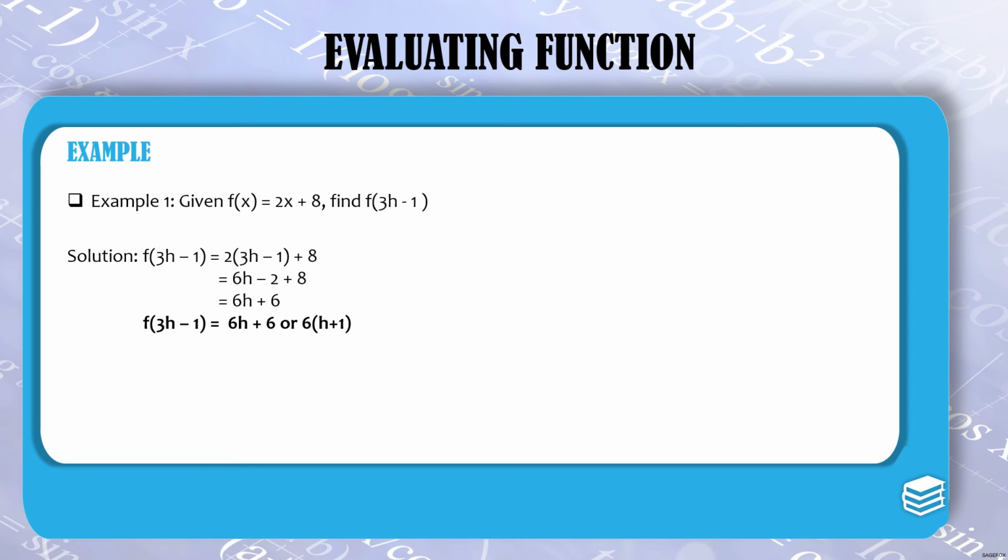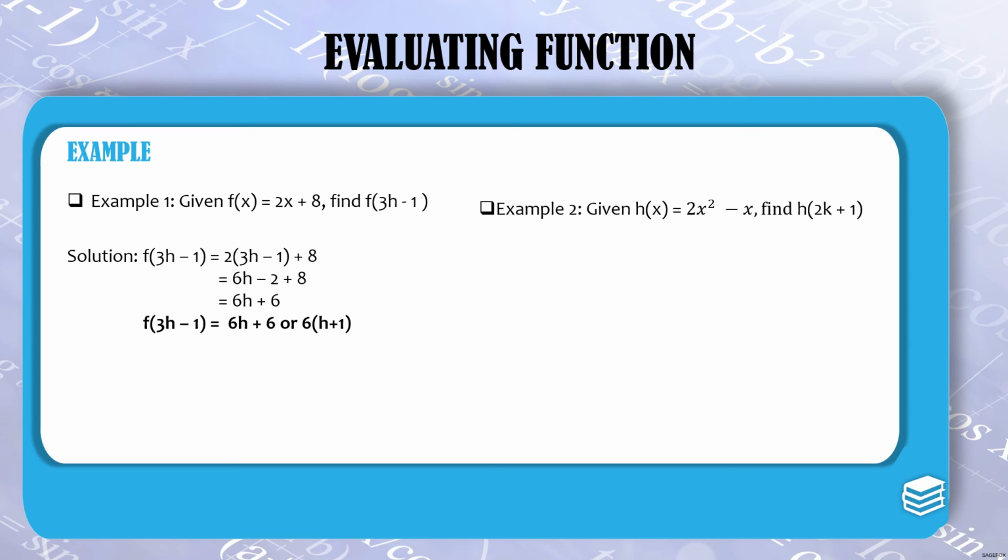Okay? So, we have this one. The f of 3h minus 1 is 6h plus 6. Or, kapag finactor out mo lang yung 6, equal lang din yan sa 6 multiplied by h plus 1.